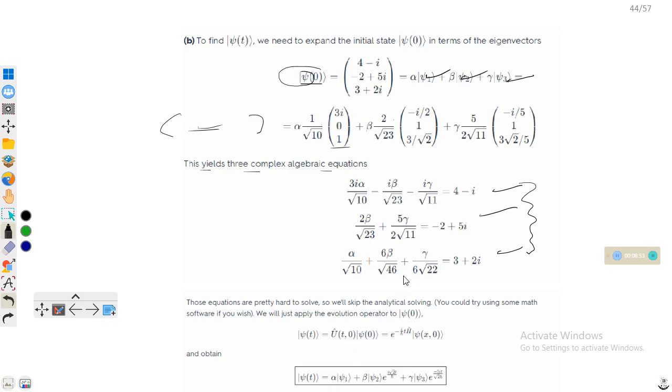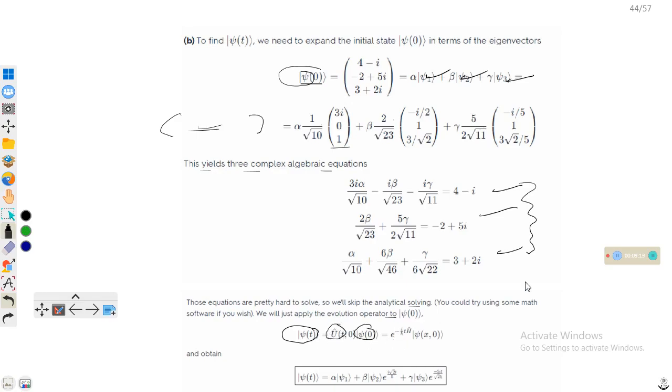For alpha, those equations are pretty hard to solve, so we will skip the analytical solving. You could try using some mathematics software if you want to solve for alpha and beta. We will just apply the evolution operator. We can find the evolution operator, because if we are given the state at t equal to 0, we can find the state at a later time by applying the time evolution operator, which is U of t.